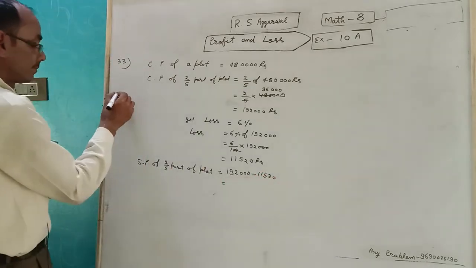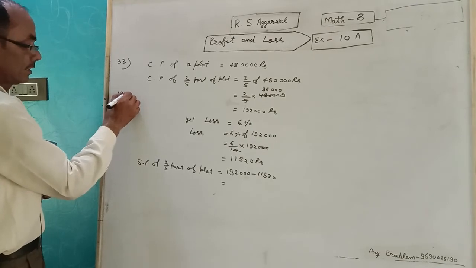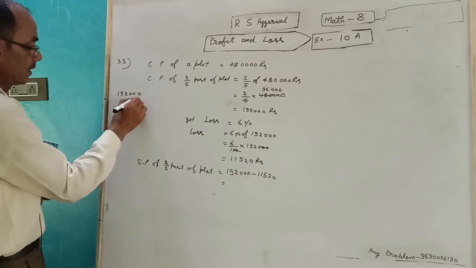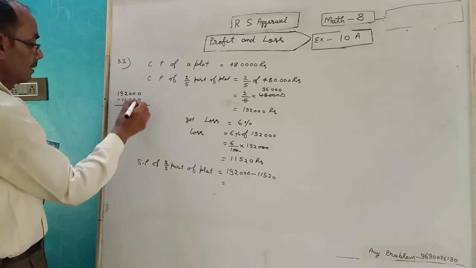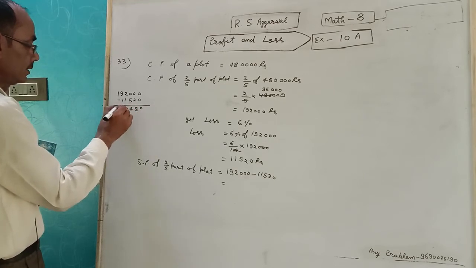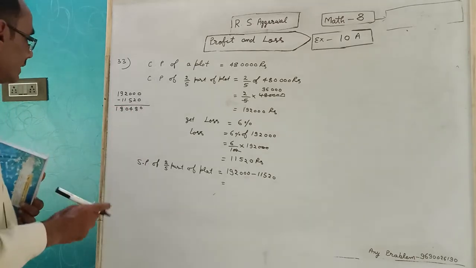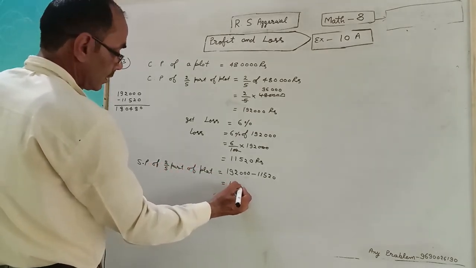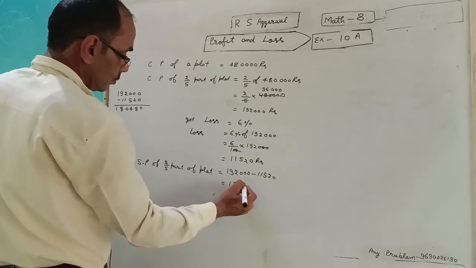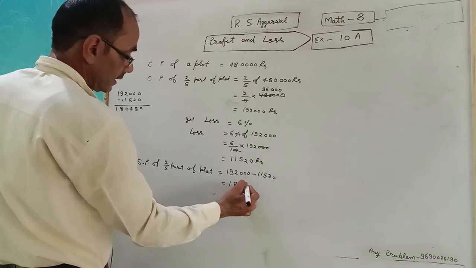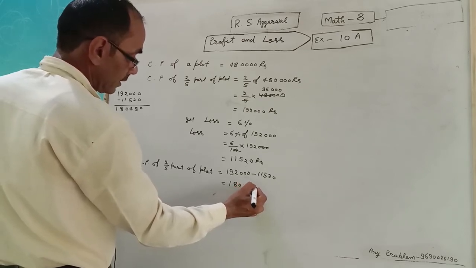After subtracting we get 1,80,480. He sold the 2 upon 5 part of the plot for 1,80,480 rupees.